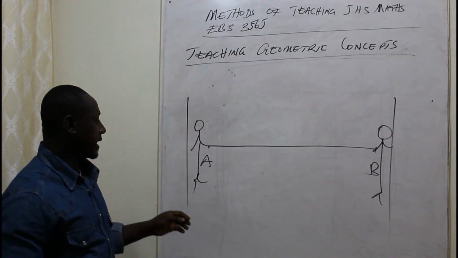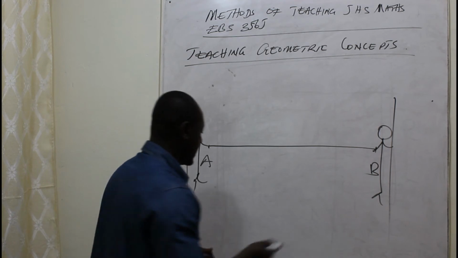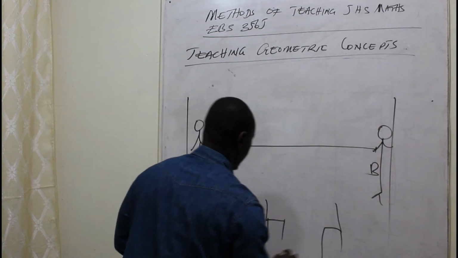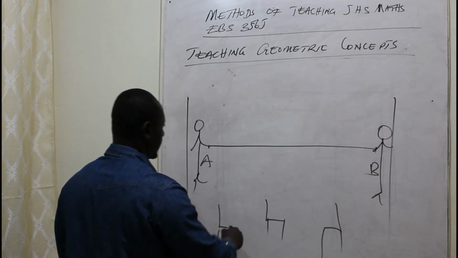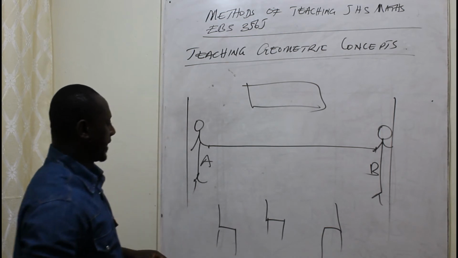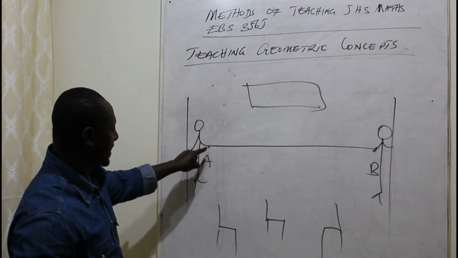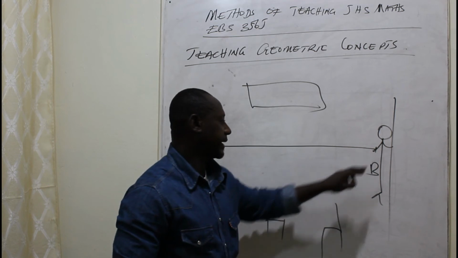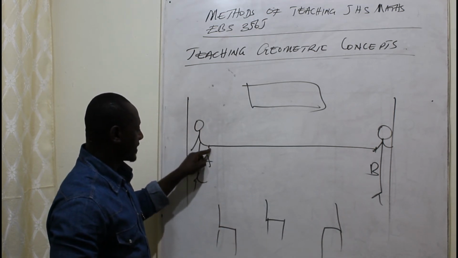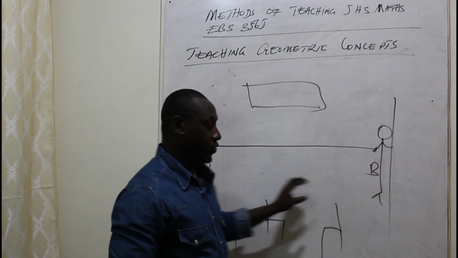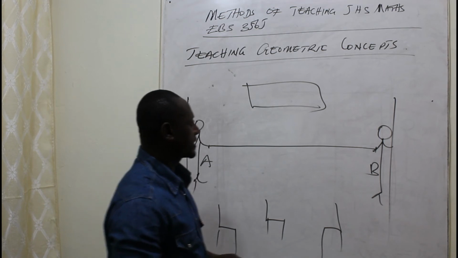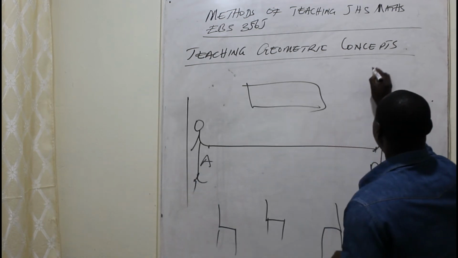So now you can see that if the student is sitting here, and this is a blackboard, let's assume this is a blackboard, then they can see their friends, friend A standing here, friend B standing there. They know where the twine starts and where it ends. So this one is going to be used as a line segment. And so we can call this line segment AB.